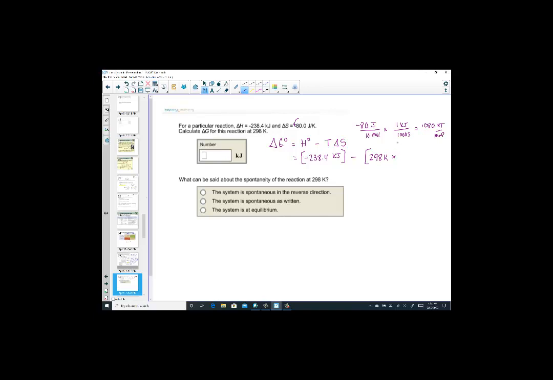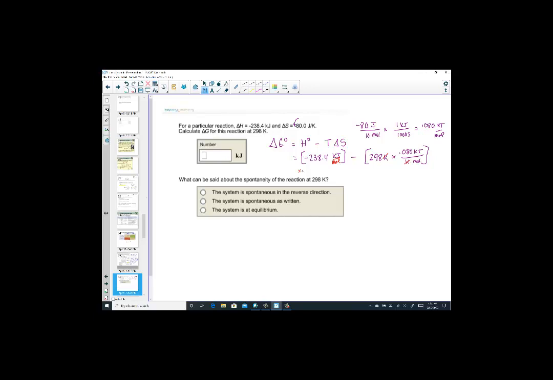So I divide by 1,000, you move your decimal 3 spots to the left, and you get 0.080 kJ per Kelvin mole. Remind yourself that's an important step. Kelvins will cancel, and now you have kJ per mole, just as you do here, and therefore you're subtracting like units. Critically important to subtract like units.